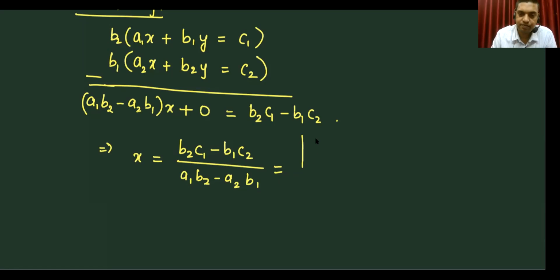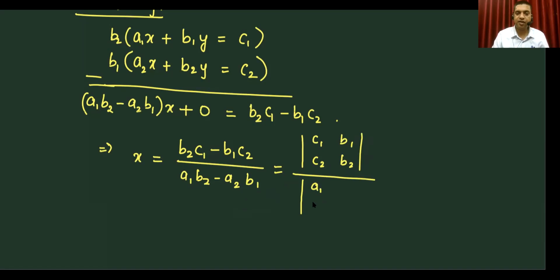You see this: c1 c2, b1 b2, correct? And the denominator we can write as a1 b1, a2 b2.